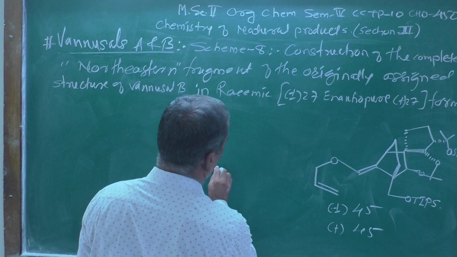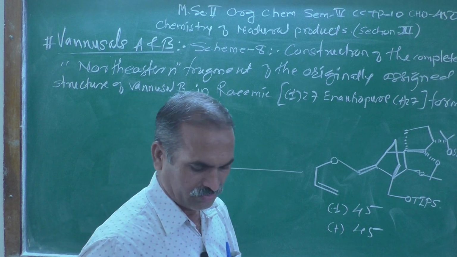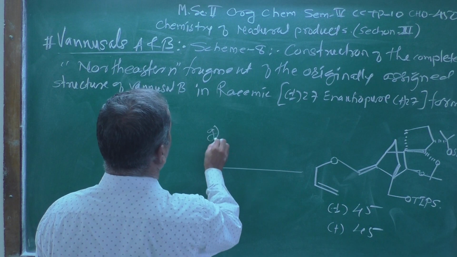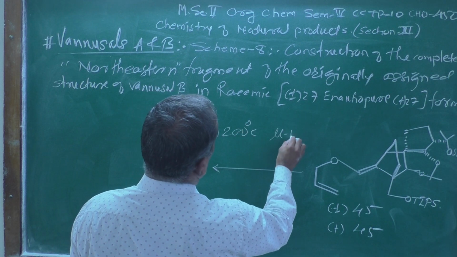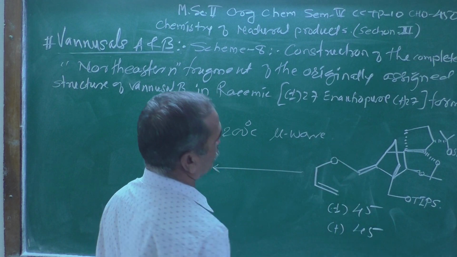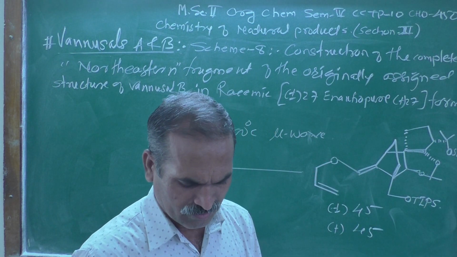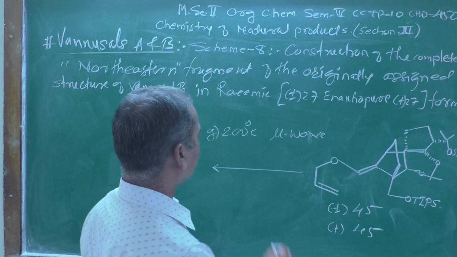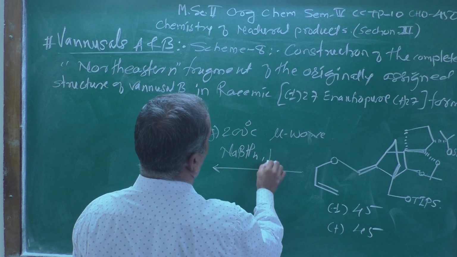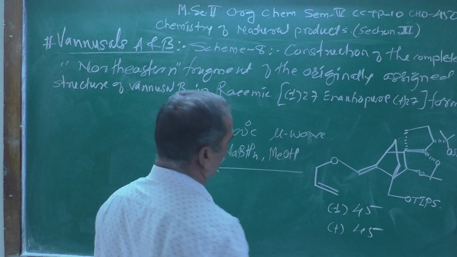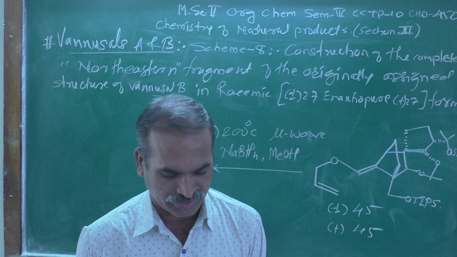On that, when we treat this structure with reagent G, 200 degrees centigrade, microwave, followed by NaBH4, sodium borohydride, in the presence of methanol acting as the solvent in this particular reaction.